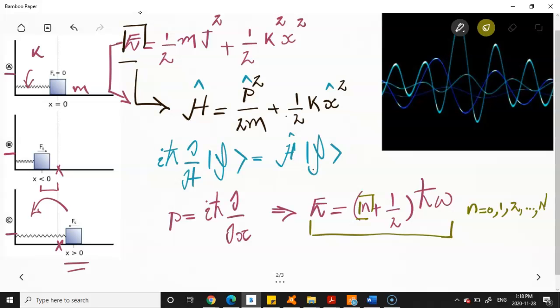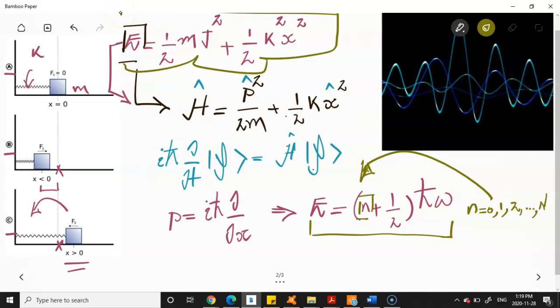Imagine assigning any such number to n, and that's how you talk about quantized energy. That is in contrast with the classical interpretation I had on top, where the energy is a continuous spectrum. The energy of the oscillating object can be anything and take any form. But with this quantum interpretation as an operator, n is a discrete number, and the discreteness of n gives rise to the quantized energy.